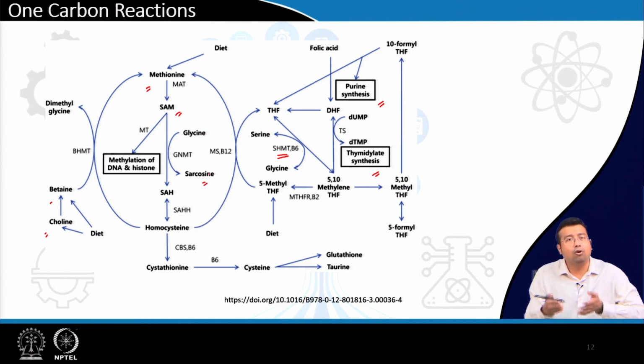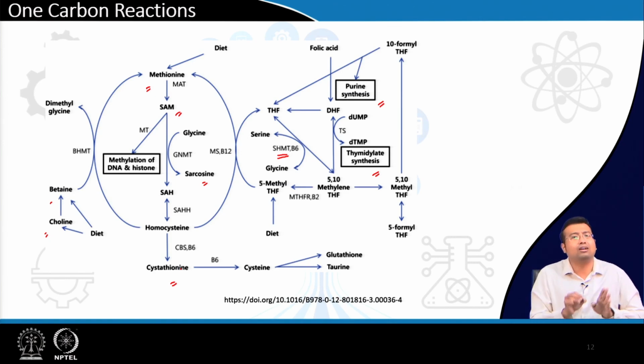So, this whole thing goes on, and moreover we already know from sulfur containing amino acid metabolism classes that homocysteine also forms cystathionine, which ultimately leads to formation of cysteine, right, and how from cysteine compounds like glutathione and taurine are synthesized, all right.